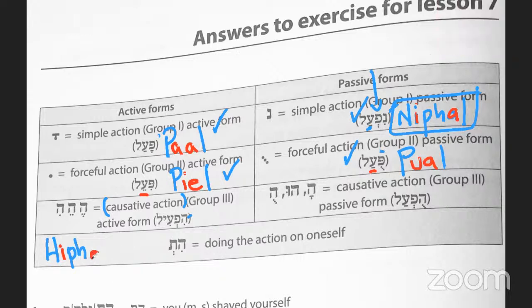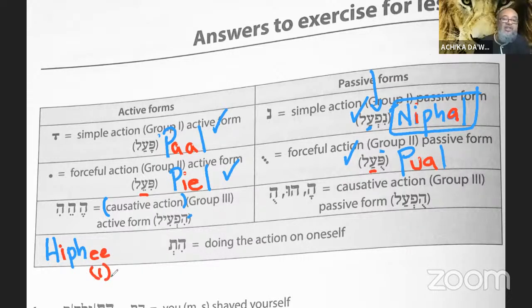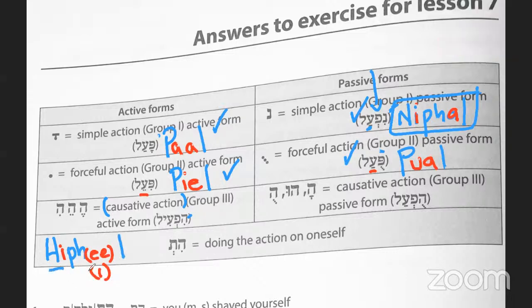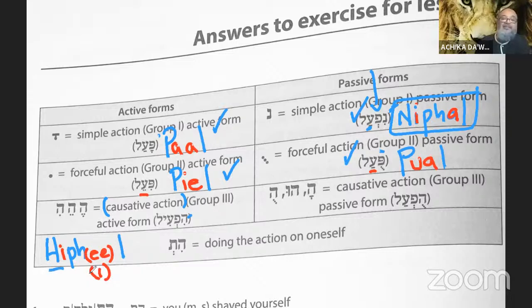It's two E's, represented by I. It's a longer E sound, or longer I sound, but they use two E's. Okay, and then it has a lamed at the end. So what is this called? A hifil. That's a hifil. Okay.